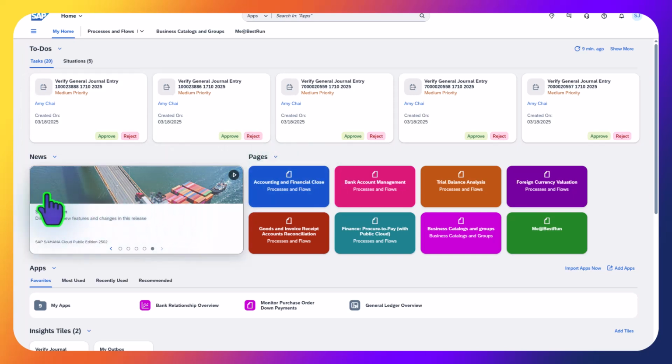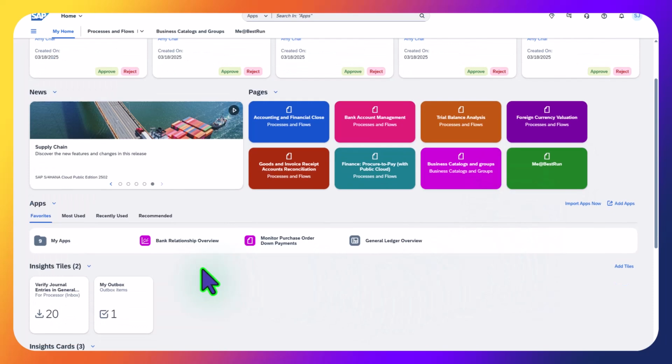And there's a new section, which is a new feature, and which can be customized just to show what you are interested in or your line of service. The pages are also a new feature where you get different pages depending on your role. These are some of the pages that finance managers have access to. We're going to look at these in detail.